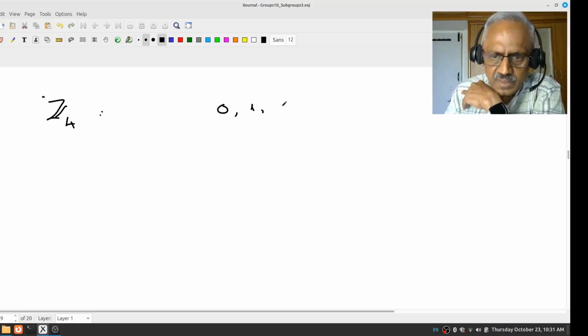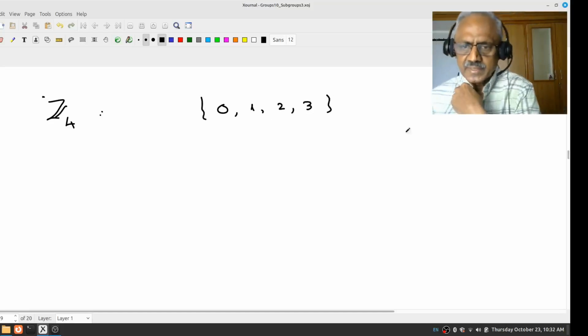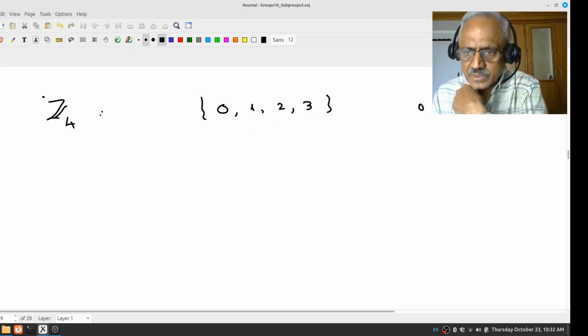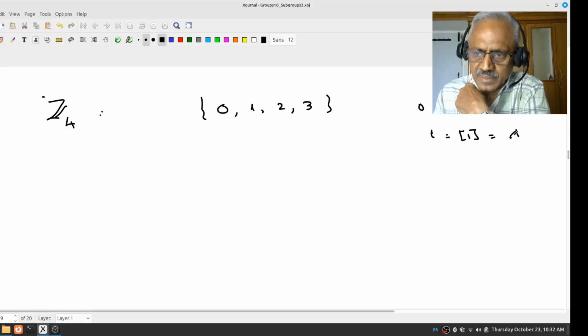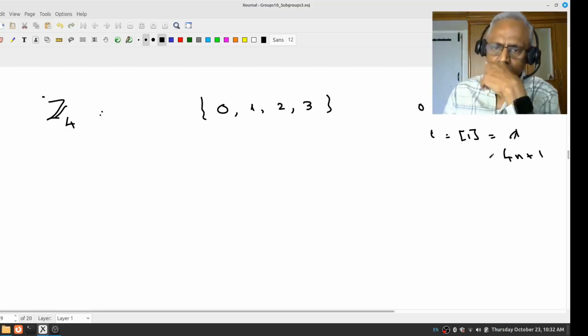These are the equivalence classes consisting of 4 elements, where 0, 1, 2, 3 stand for the remainder. Remember, my 0 actually stands for the remainder. The equivalence class of 0 means all multiples of 4. The class of 1 stands for the set of all integers which, when divided by 4, leave remainder 1. They are of the form 4n plus 1, and so on.